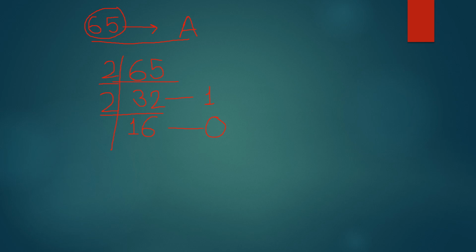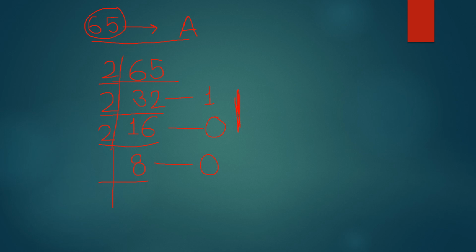Please note that we are required to write these remainders because this is our answer. Okay. Then we are again going to divide it by 2. So it will go like 2 8s are 16. The remainder here is again 0.